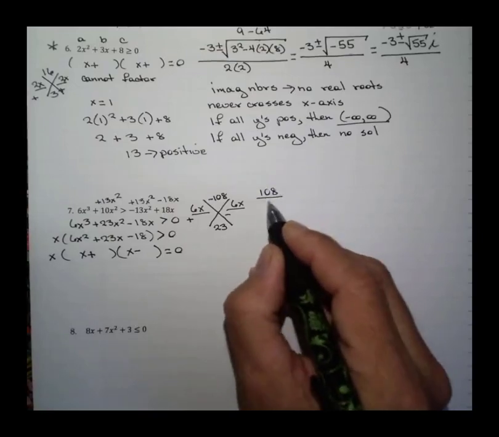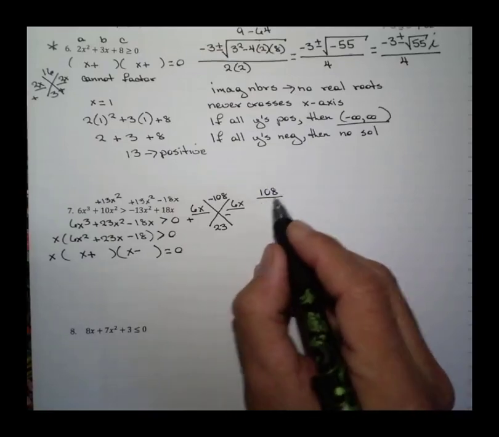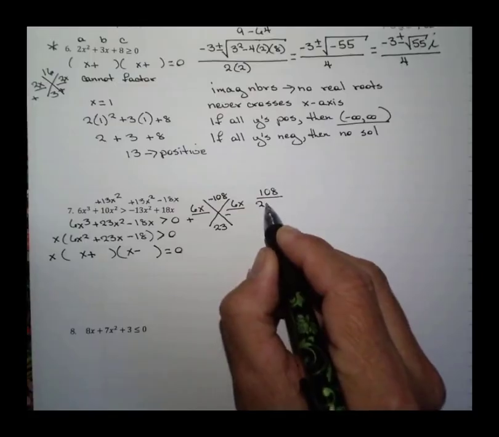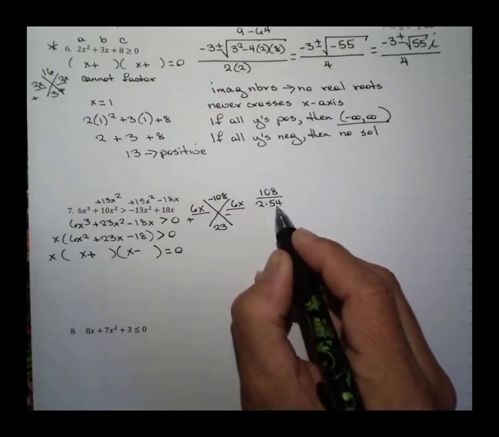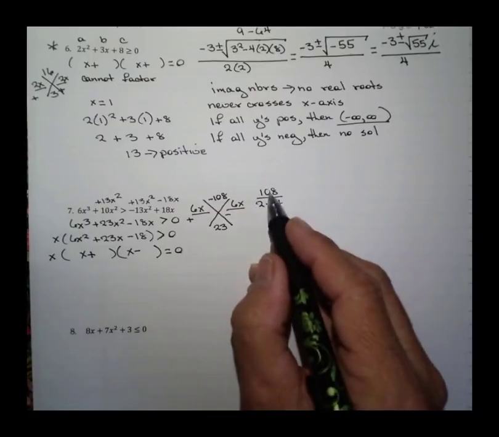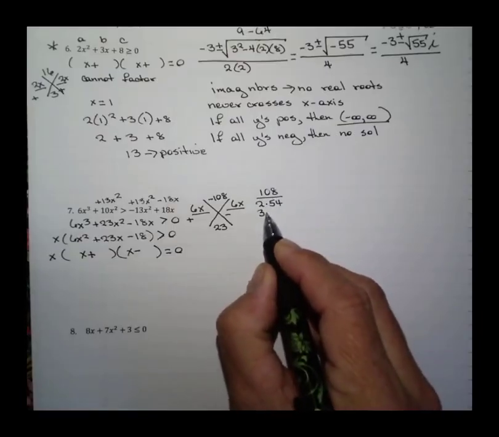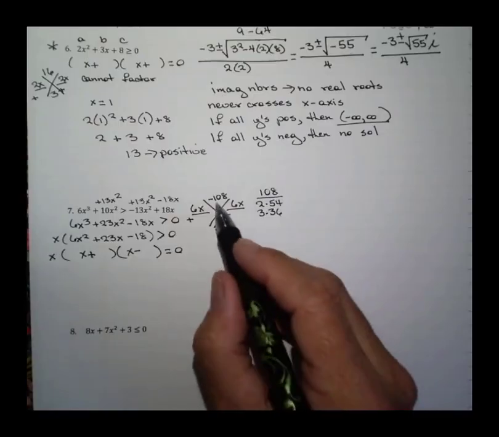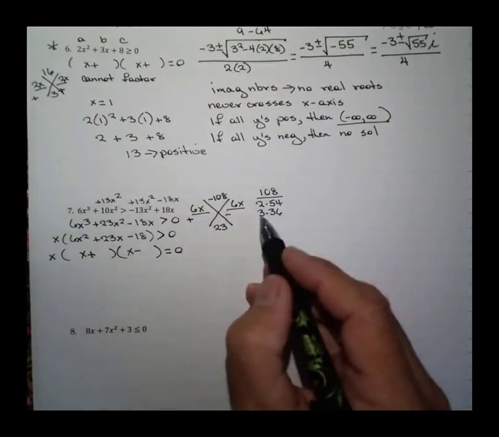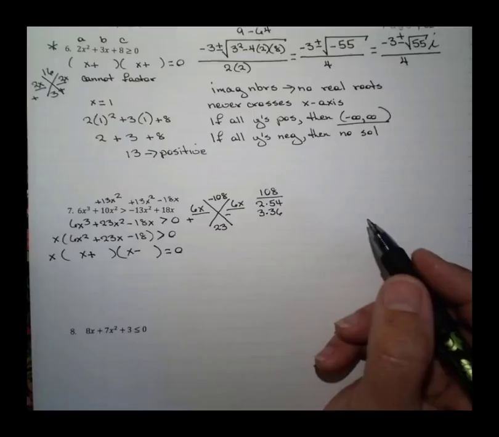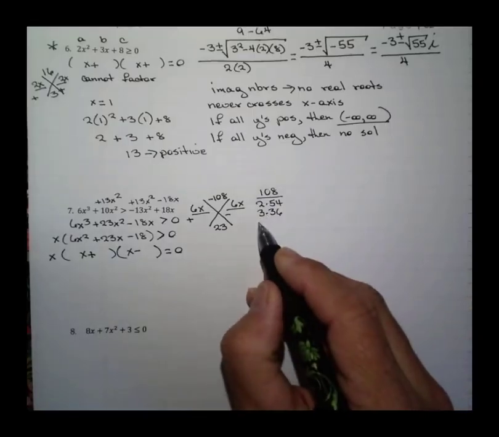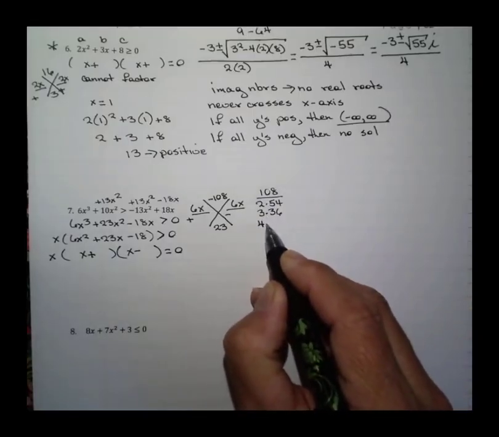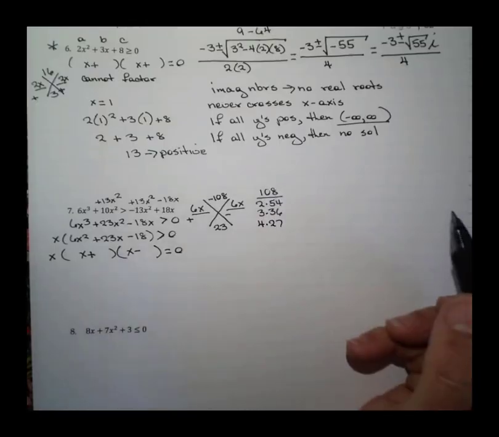So I'll use my calculator. 108 divided by 2 is 54, and those will not combine to give me 23, so I'll try 3. 3 works, 3 times 36, but there's no way that I can subtract those to get 23. Let's try 4. And 4 does divide, and 4 times 27 gives me 108.